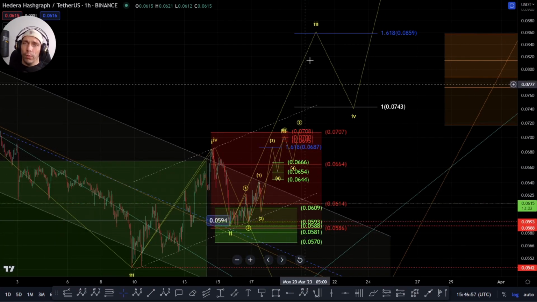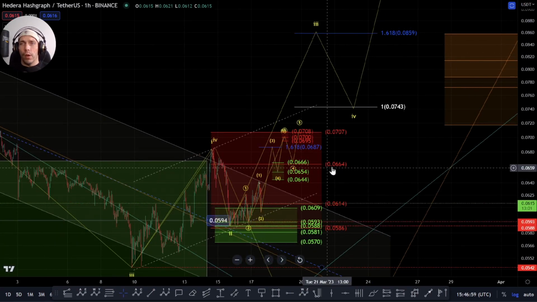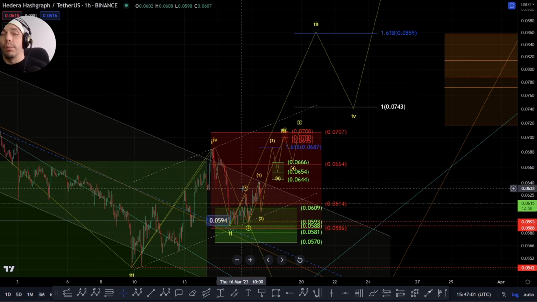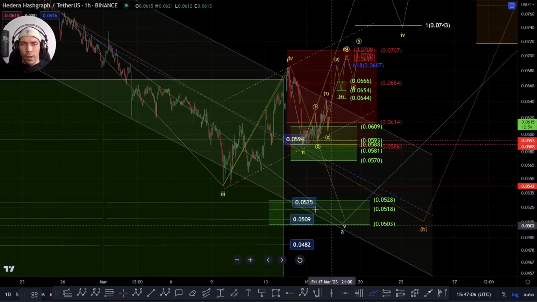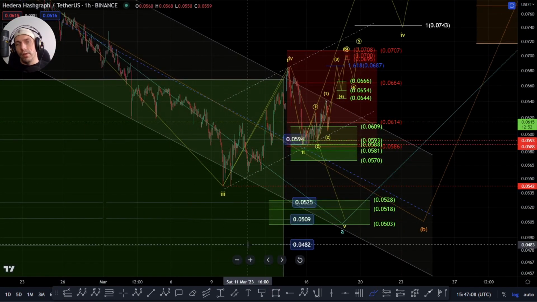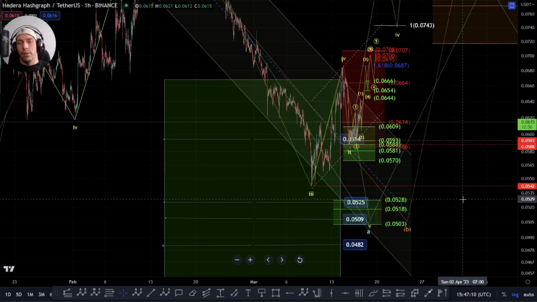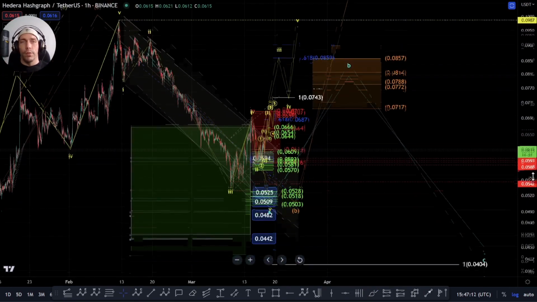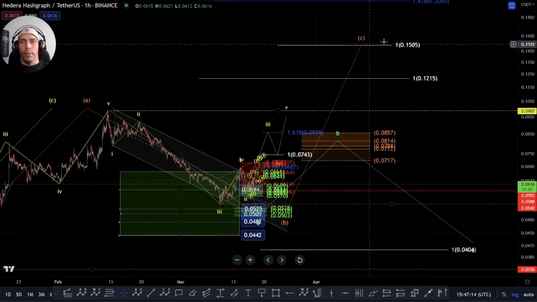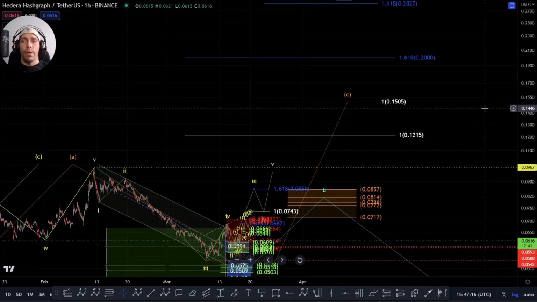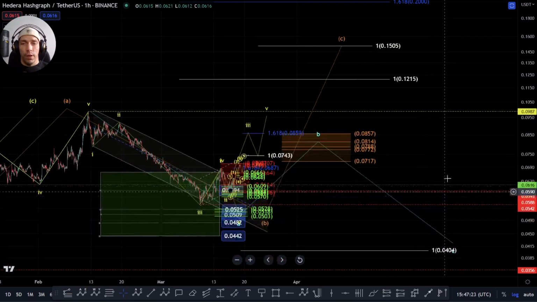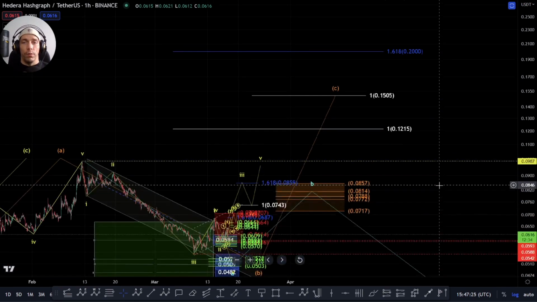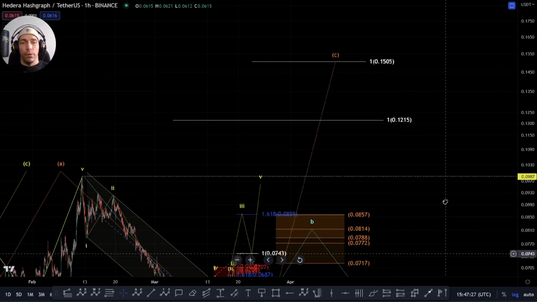But yeah, we have to move up to this 0859 to get a bigger bullish move off this low, and then we would have to argue that potentially this retracement completed here, and we could be starting that bigger C wave to the upside, looking to potentially come up towards this 1505, and if it moves higher, towards this 2827 range, that could be a zone we look to push up into.